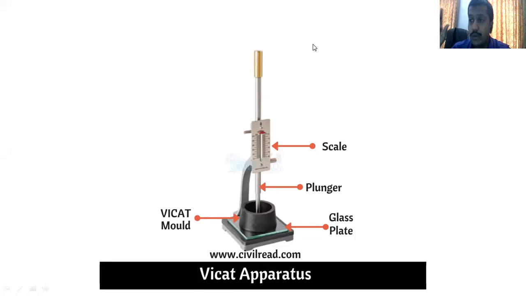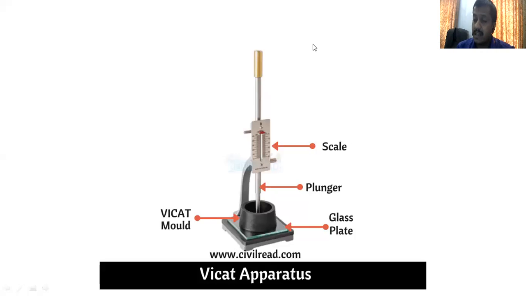Once you know the exact quantity of water to make the good paste, then only you can conduct the further tests. Because in further tests, like your setting time test, you require the consistency. In determination of the compressive strength of cement mortar, you require the consistency. In soundness test, you require the consistency.